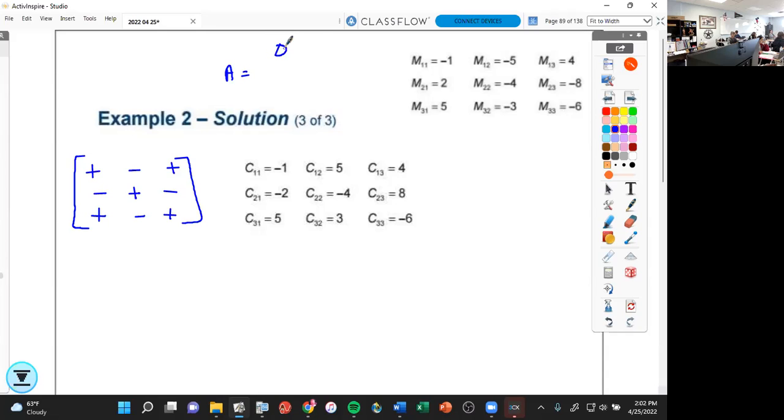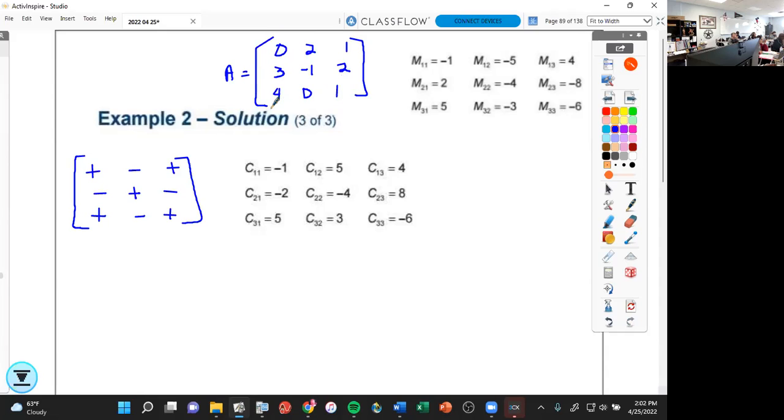So 0, 2, 1, 3, 2, and then 4, 0, 1. To find the determinant using cofactors, we're going to just choose a row, choose a column.